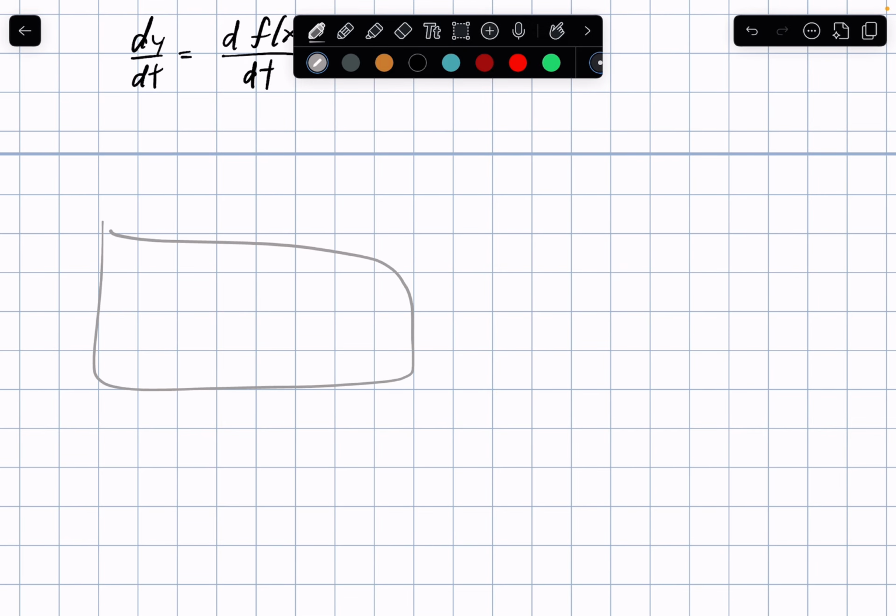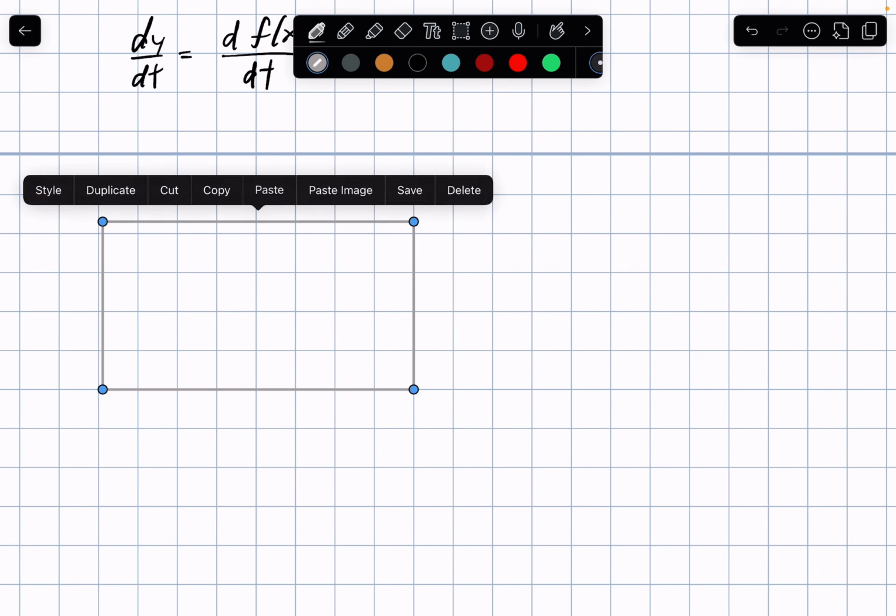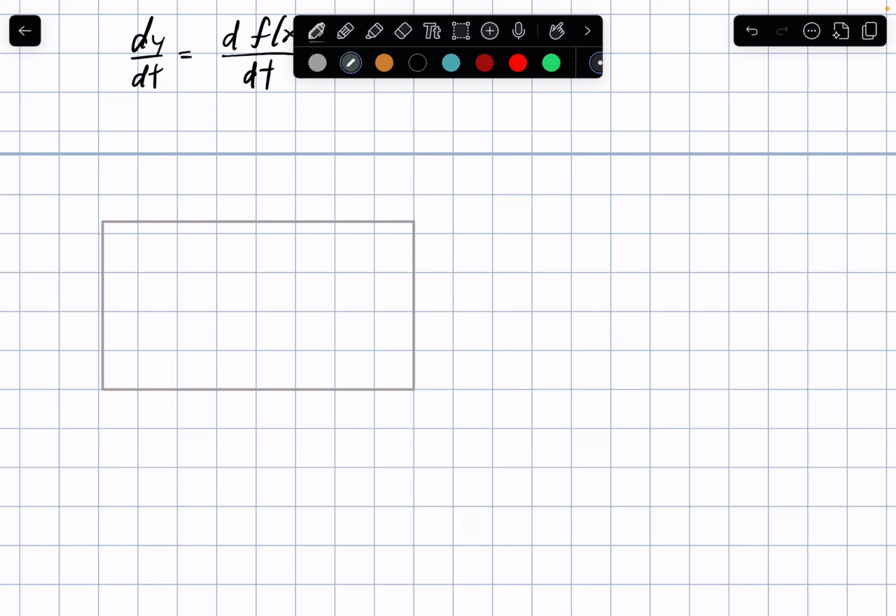So we have a rectangle, and we are given the width and height. So width is 9. A 16 by 9 rectangle is expanding at a rate of 6 meters squared per minute.